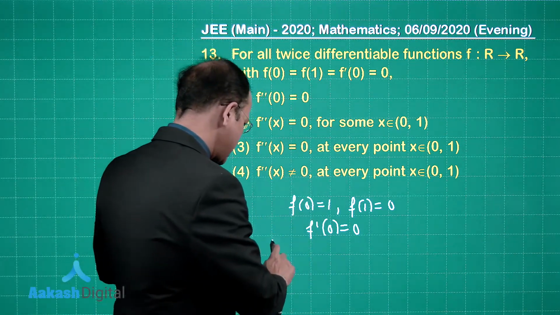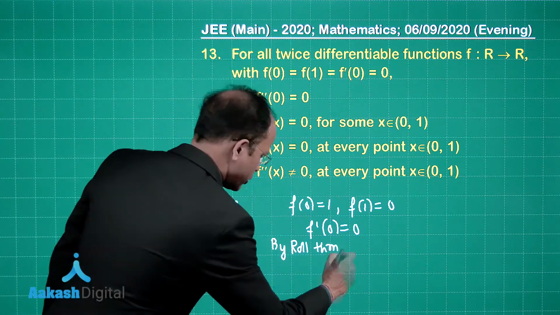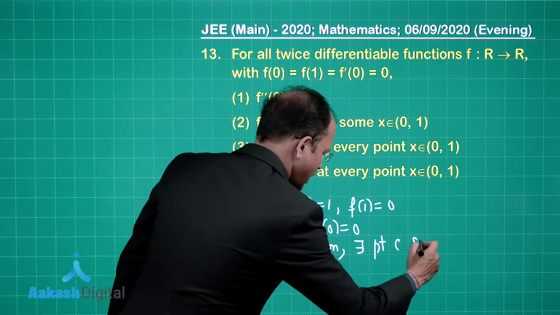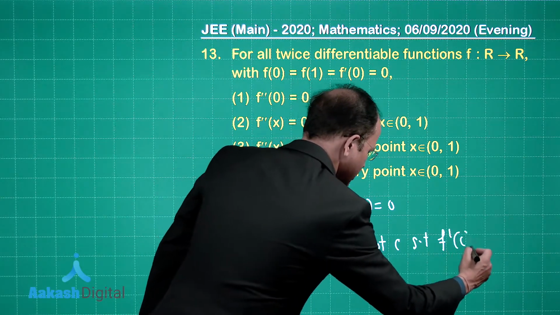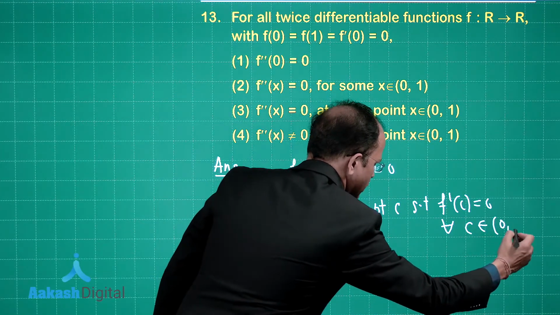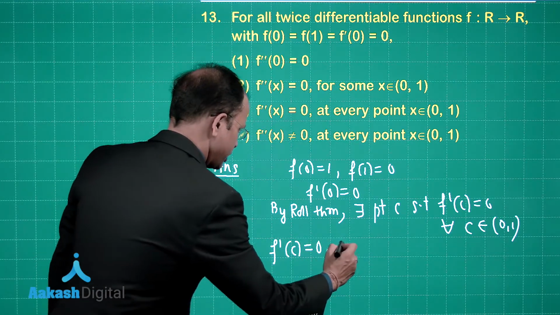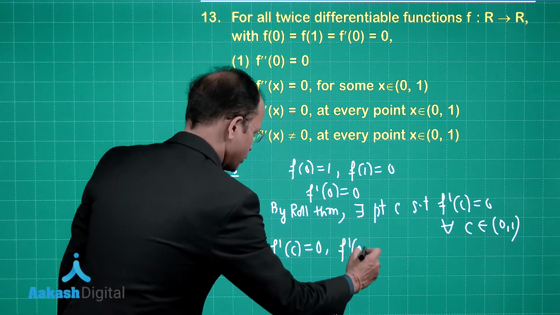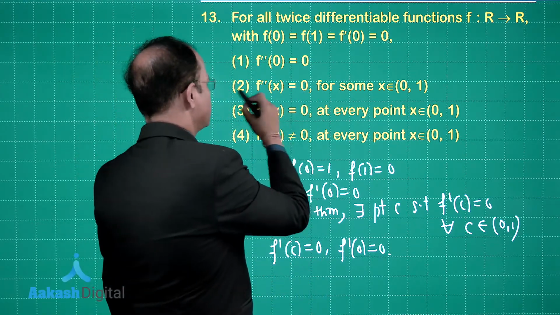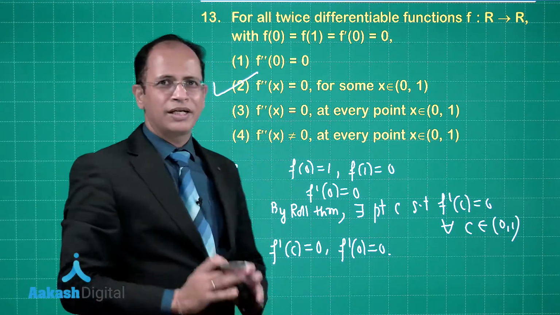That means by Rolle's theorem, there exists a point c such that f'(c) = 0, for some c belongs to (0, 1). Then we have been given f'(0) = 0. So by Rolle's theorem again, we can say that f''(x) = 0 for some x belongs to (0, 1). So the second option is the correct one.